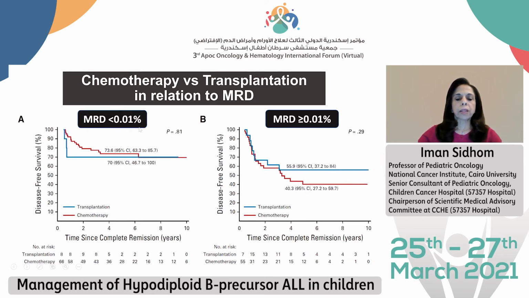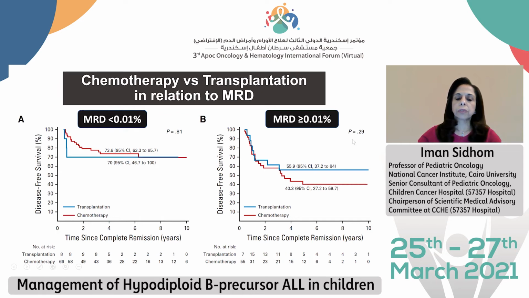For patients with negative MRD at end of induction, transplantation did not show any survival benefit over chemotherapy only. For patients with positive MRD at end of induction, the 5-year disease-free survival of transplantation showed a trend towards better outcome, being 56% versus 40% for chemotherapy only.